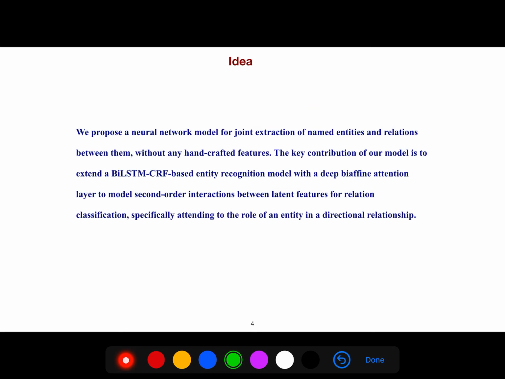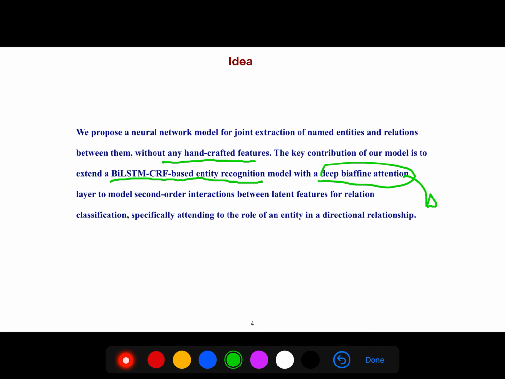So the idea is that it proposes a neural network model for joint extraction of named entities and relations between them, without any handcrafted features. The key contribution is to extend BiLSTM-CRF-based entity recognition with a deep biaffine attention.